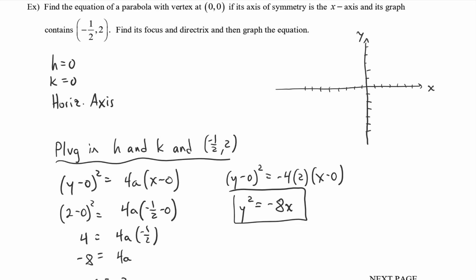Let's see, vertex is 0, 0. We know that A is 2, so I'm going to go in this direction to get the focus. Then I'll go in this direction to get the directrix.